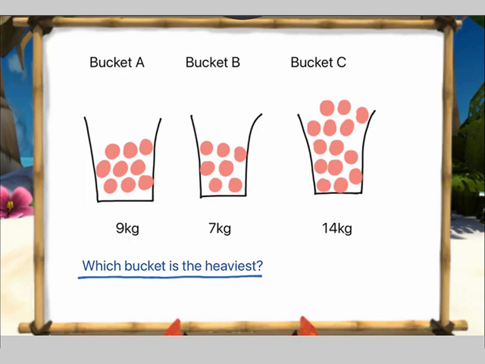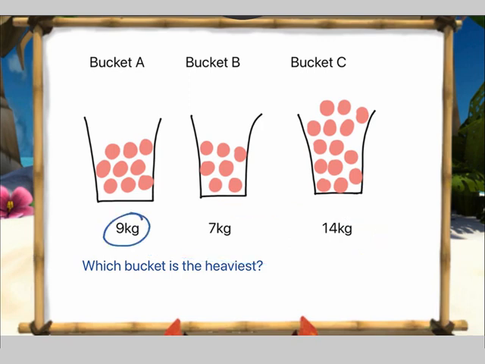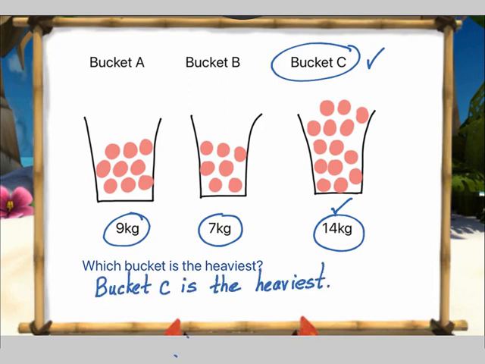So we know that to find the heaviest, we have to compare all the three buckets. The highest value is the heaviest bucket. So the first value is 9, and the second is 7, and the third is 14. The biggest number is 14. So bucket C must be the heaviest bucket.